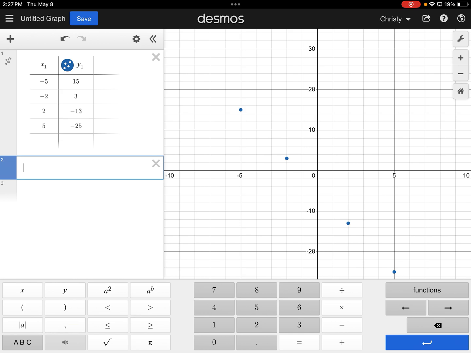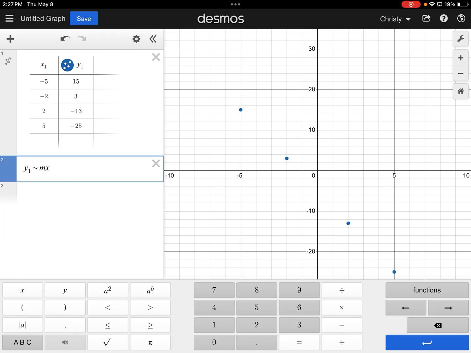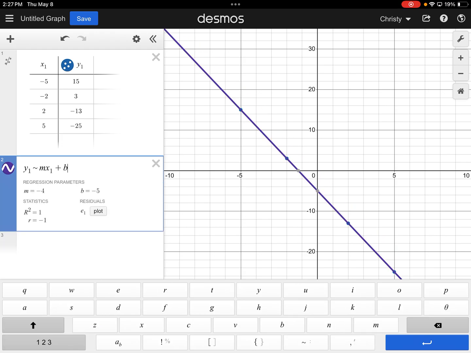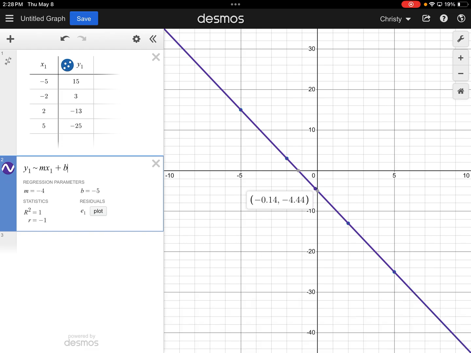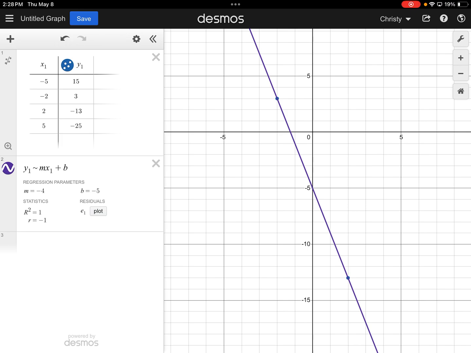If I click the magnifying glass real quick, you can see the points lining up linearly. It looks like it's going to hit somewhere maybe -1, -2, maybe even -1.5. So we're going to say y1 is approximately mx1 plus b. My y-intercept, I wasn't zoomed in.